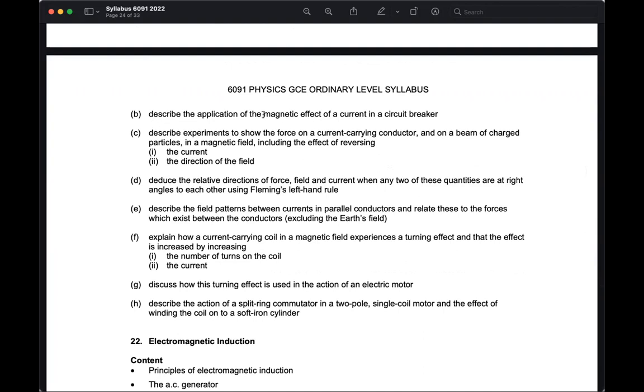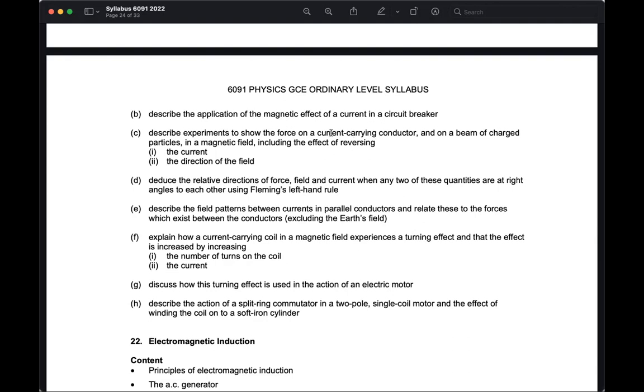Okay, how you can use this effect in a circuit breaker. Then you need to describe an experiment to show the force on a current and on a beam of charged particles in the magnetic field. What does this mean?